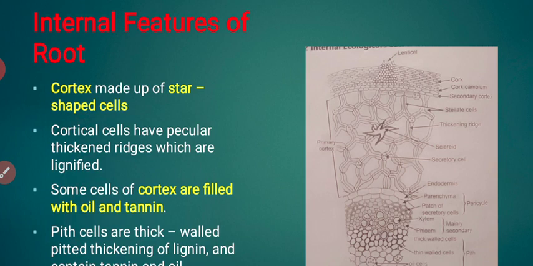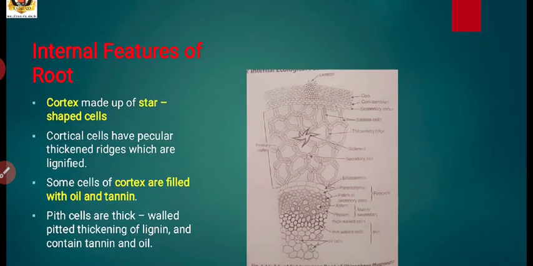Then the pith is composed of soft spongy parenchymatous cells, which store and transport nutrients throughout the plant. And these pith cells are thick walled, with thickening of lignin, and contain oil as well as tannin.